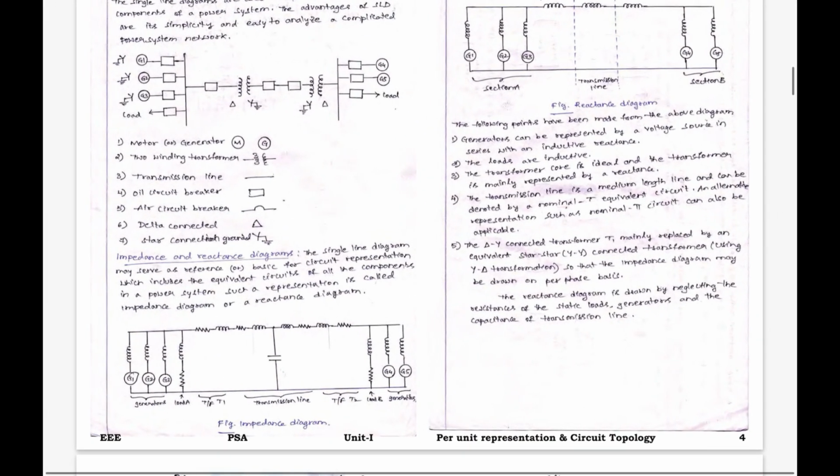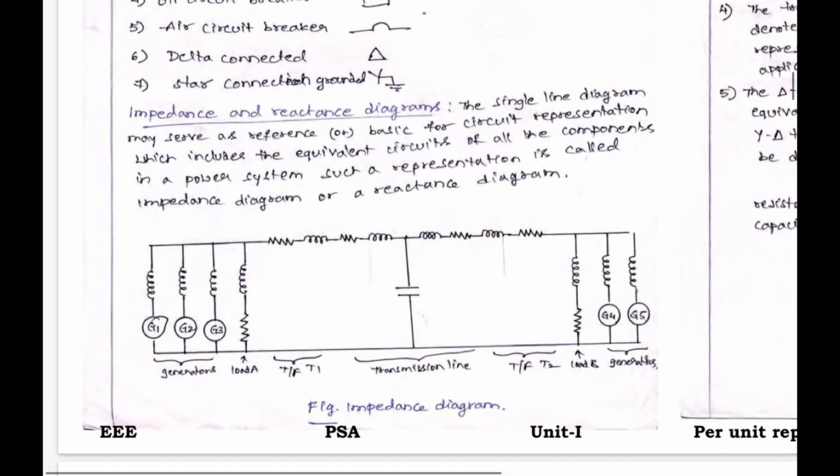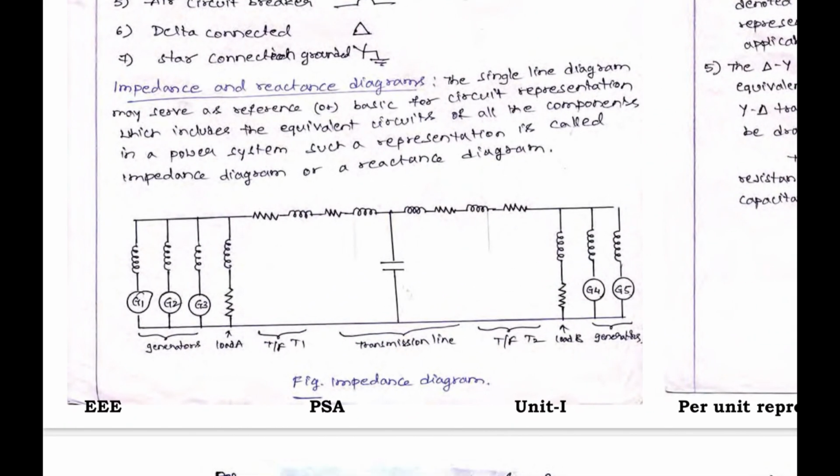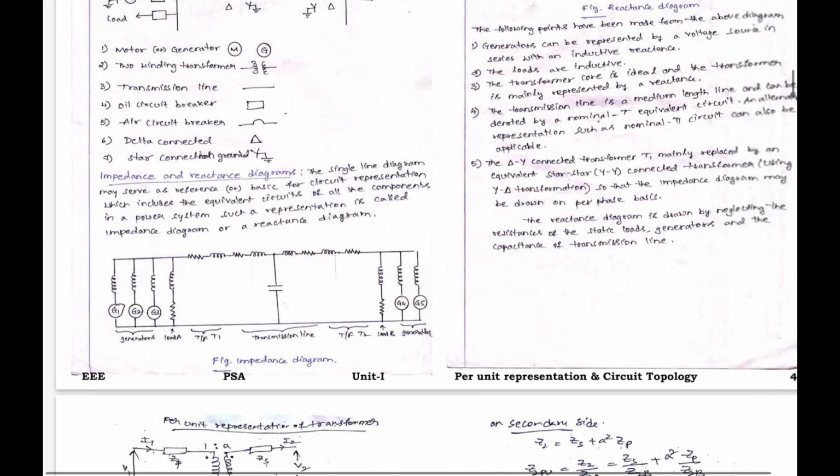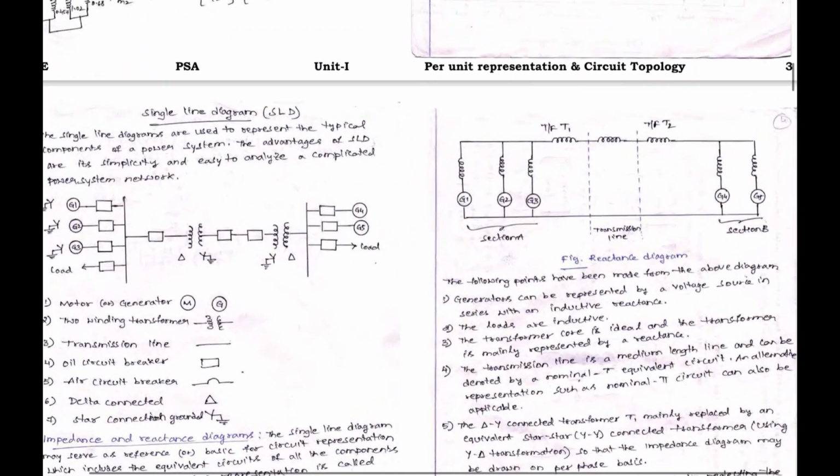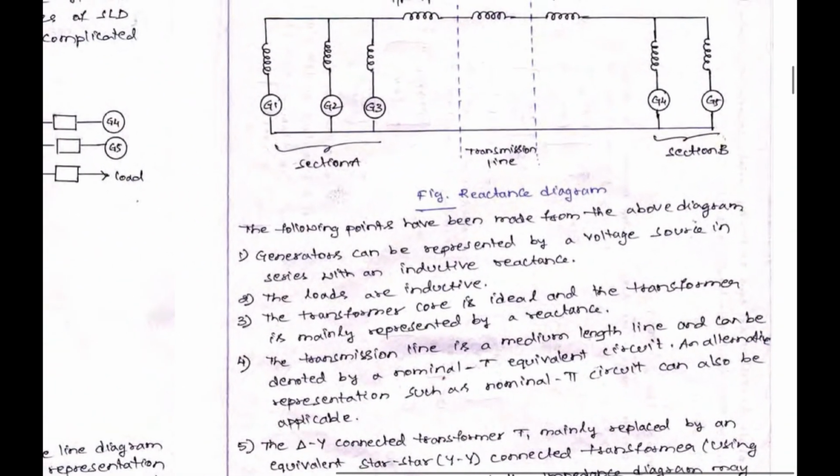In case of impedance diagrams, if resistance is also asked, we have to write it down. In reactance diagrams, if resistance is not asked, we can simply consider the reactances. These are the points we have already studied.